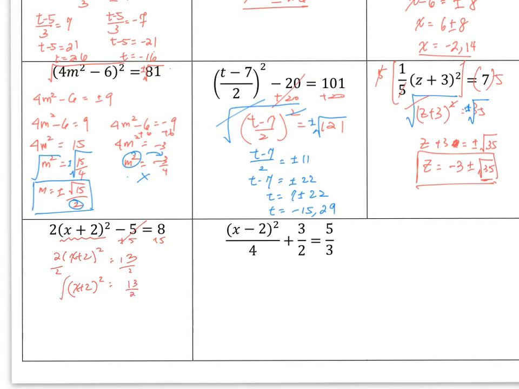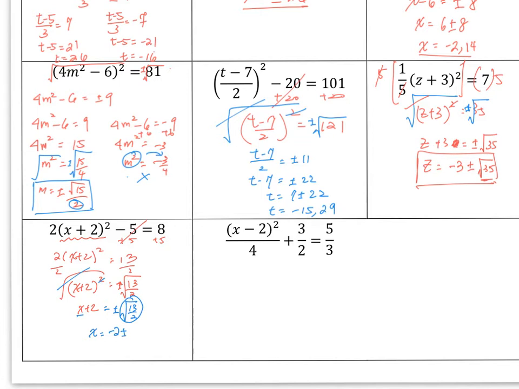And then I'm going to square this. Now, this is not in simplest form. I'm going to show you how to rewrite this in simplest form. But let's first continue with solving for x.